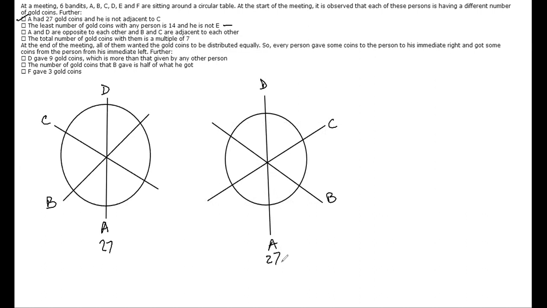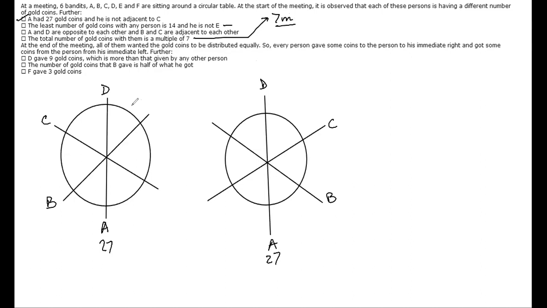Then what else? The total number of coins is a multiple of 7. That's a very important point here related to number properties: 7m. At the end, all of them wanted the coins to be distributed equally. So you are dividing a multiple of 7 into 6 equal parts.